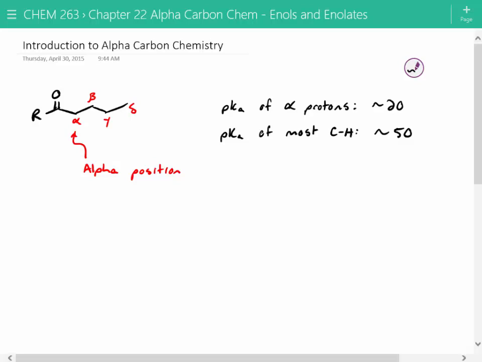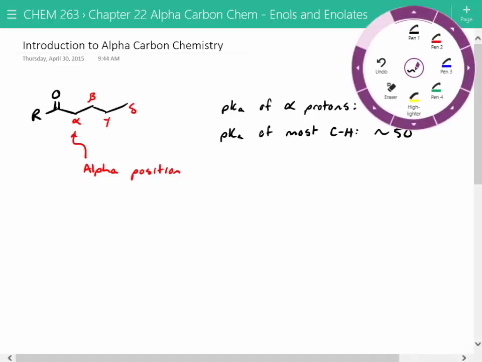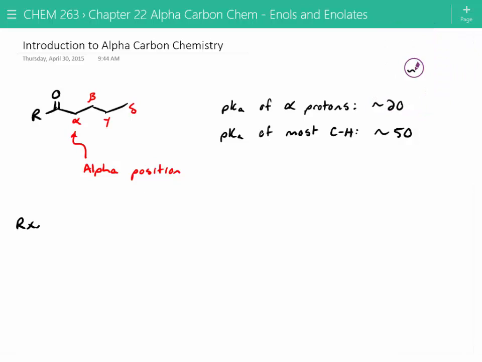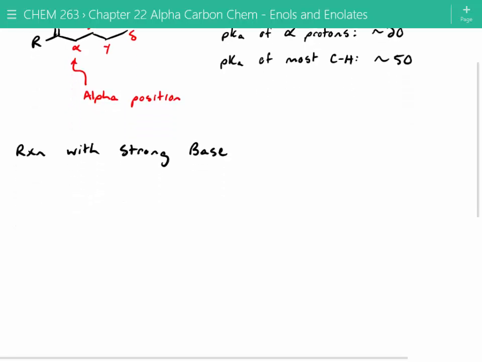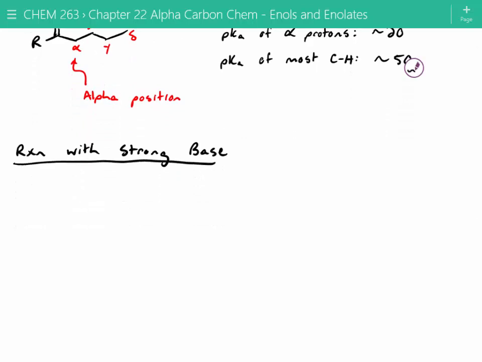So let's take a look at what's going on here. And we can say reaction with strong base. So let's take just regular acetone.